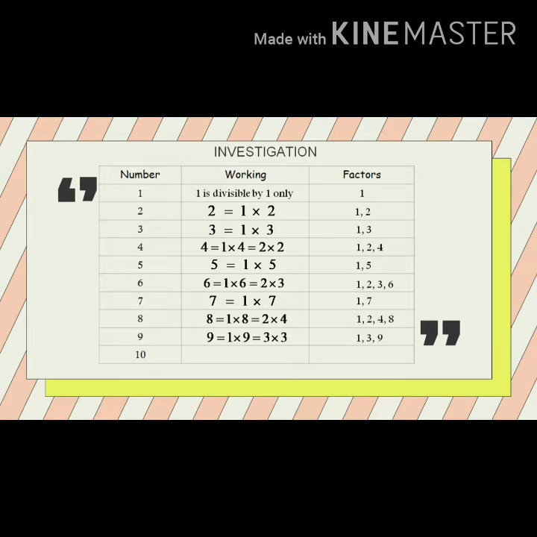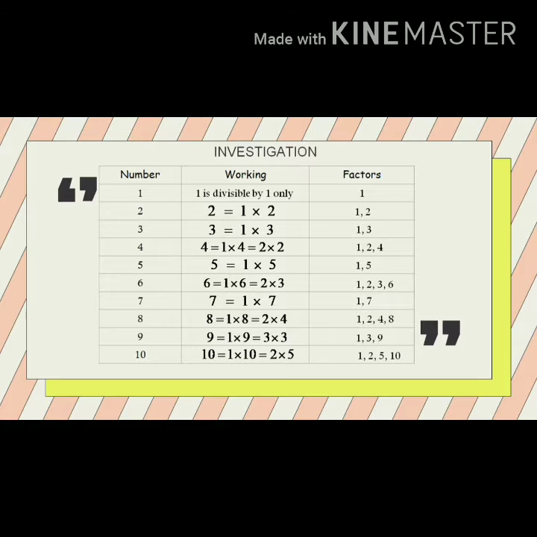The last, 10. How about 10? 10 made from 1 times 10 is equal to 10. And also 2 times 5 equals 10. So the factors of 10 are 1, 2, 5, and 10.